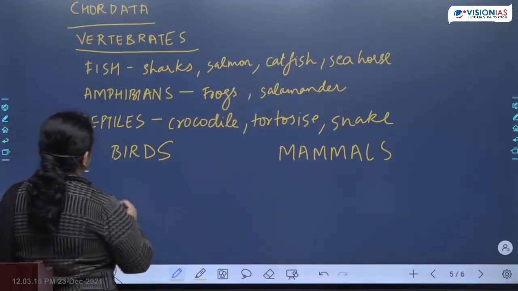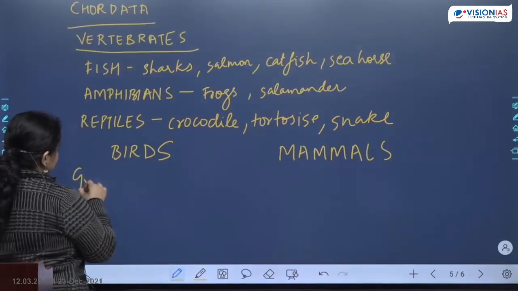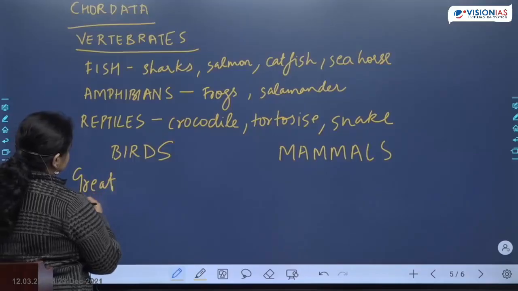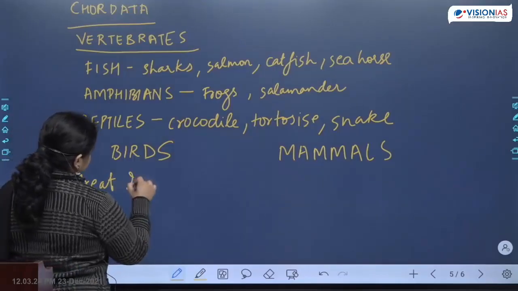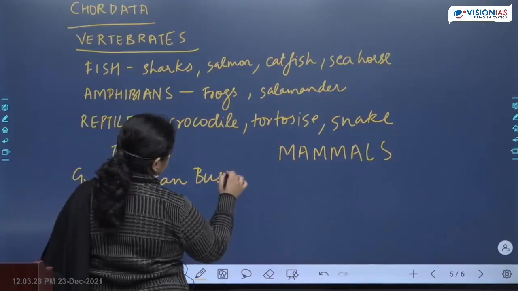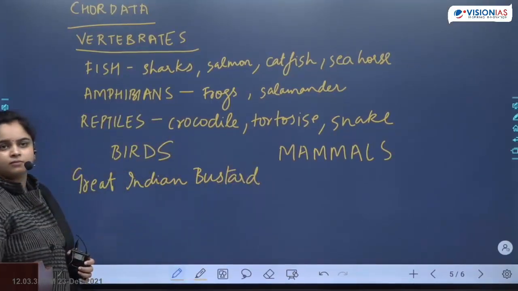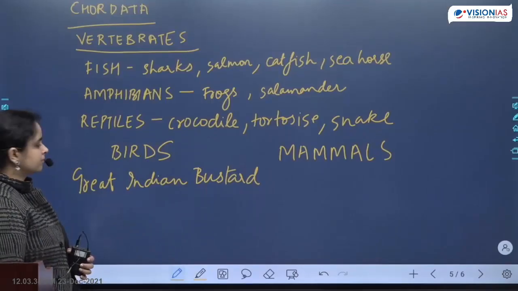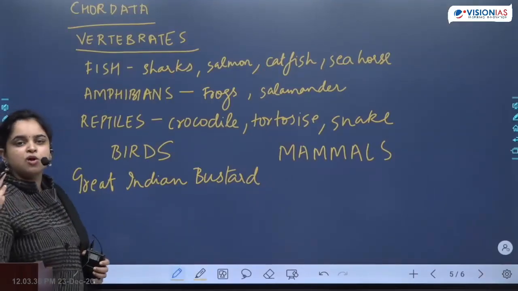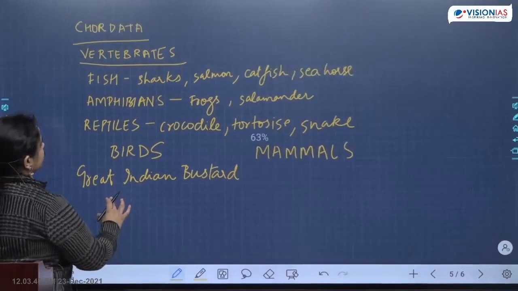For birds, you can note down examples like indigenous bird varieties, Great Indian Bustard, we have a national program also to make sure this bird is not going anywhere.